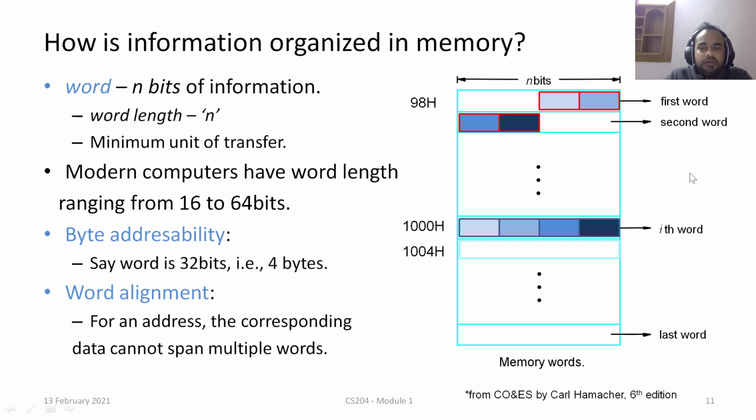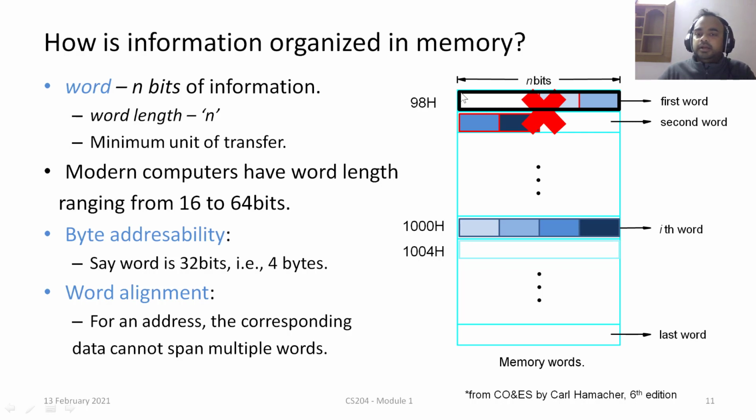But if it says no, you cannot give me 98, and I will not give you the bytes 98, 99, 100 and 101, it would be said that the memory is following what's called word alignment. In such cases, what the memory does is respond with the data of that word itself.